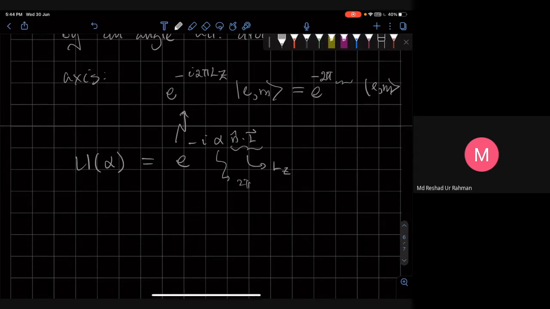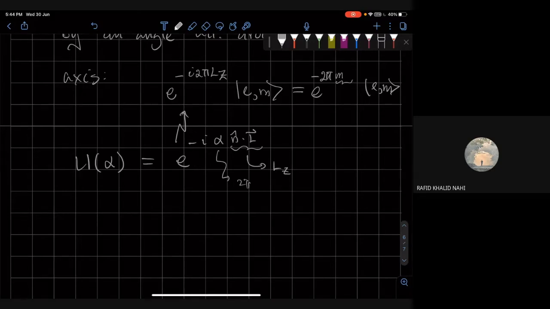What is the eigenvalue of Lz? The eigenvalue of Lz. Which is what? M, right?